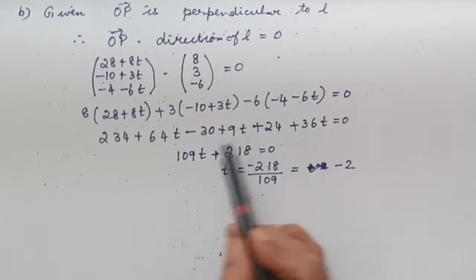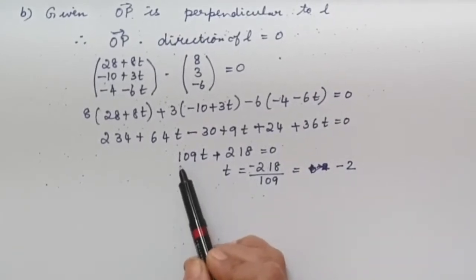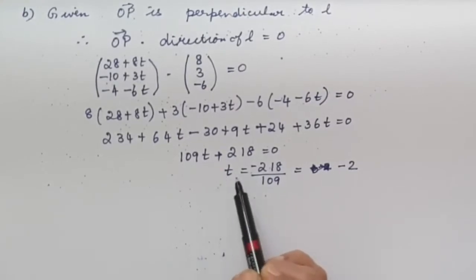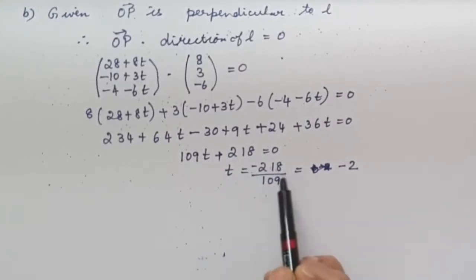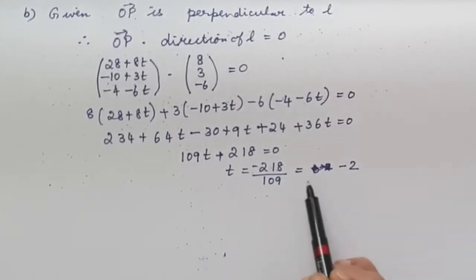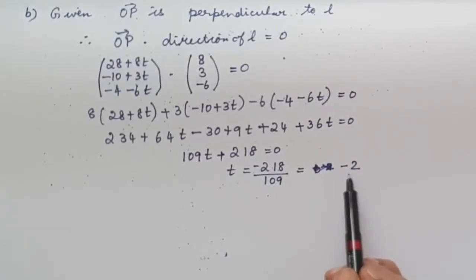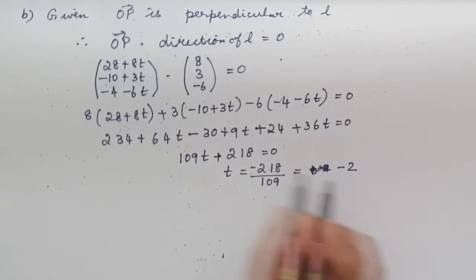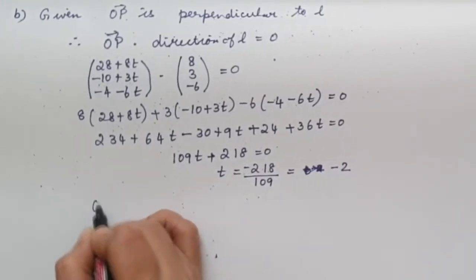When you simplify the t terms and the numbers, you get 218 + 109t equals 0. So t will be equal to minus 218 divided by 109, which gives us the value of t as minus 2.